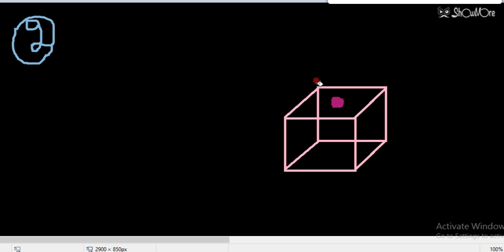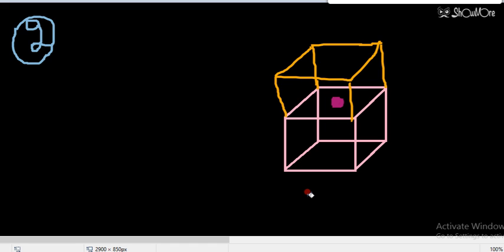If I place a similar cube just above it, as I am drawing here, then this charge will be enclosed, as you can see here. Now this charge is enclosed.